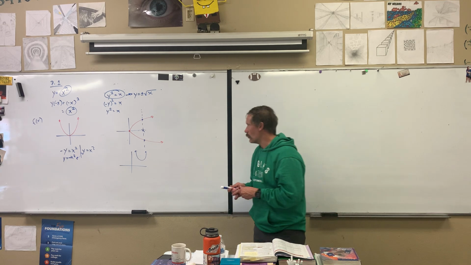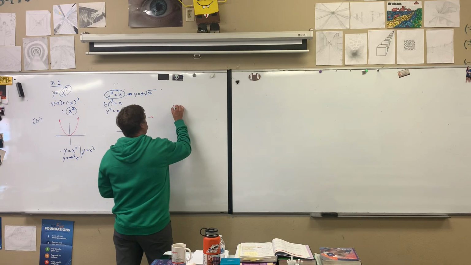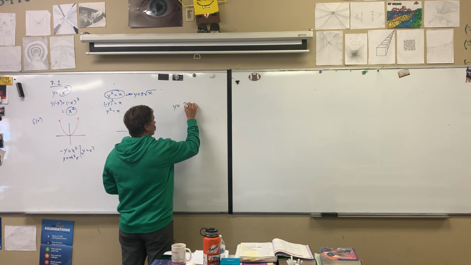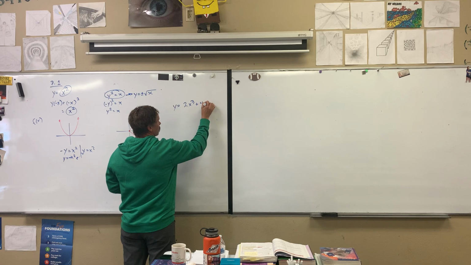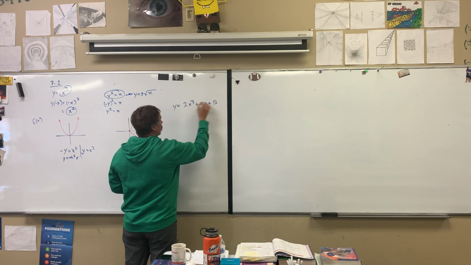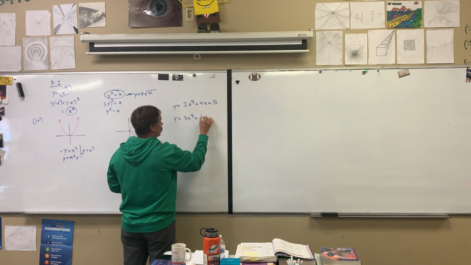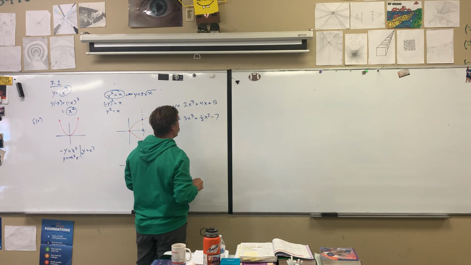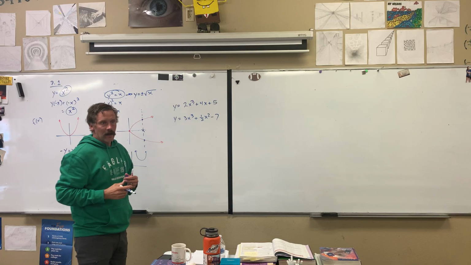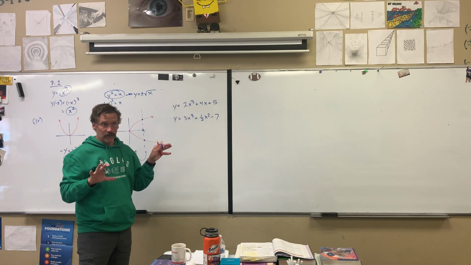If I gave you y equals 2x cubed plus 4x plus 5 versus y equals 3x cubed plus 1/2 x squared minus 7, you may not know the difference right away.